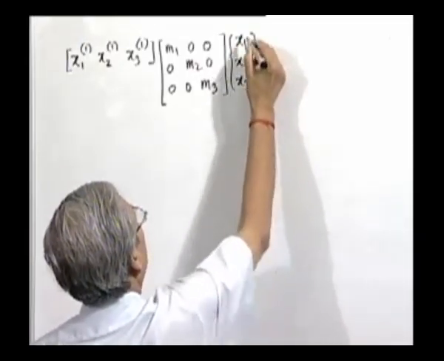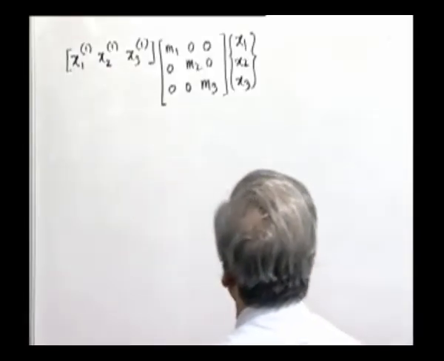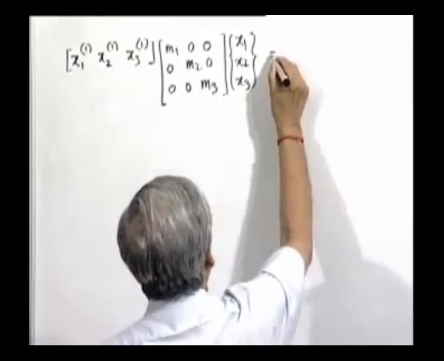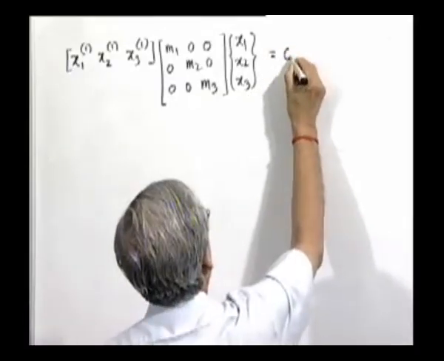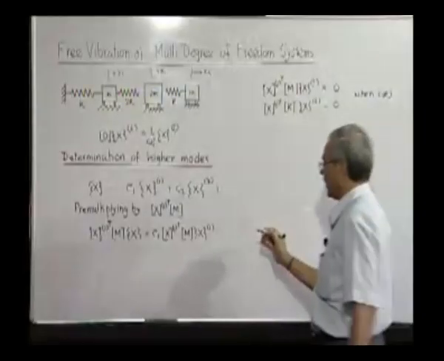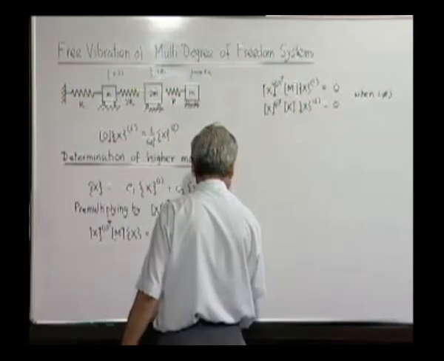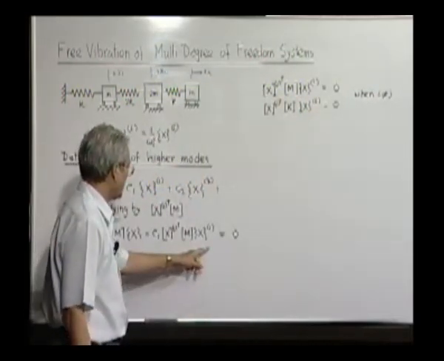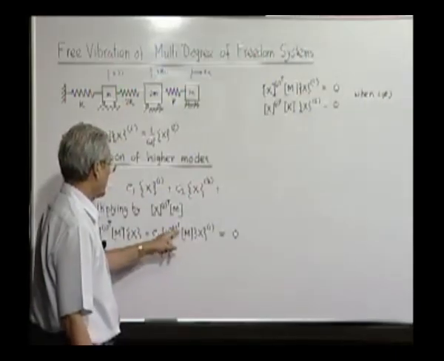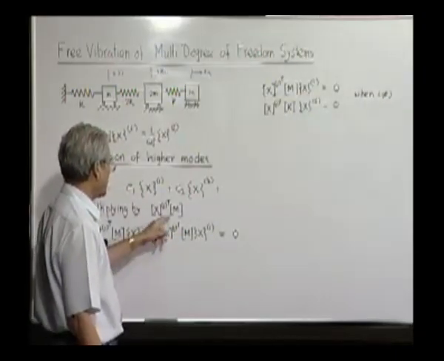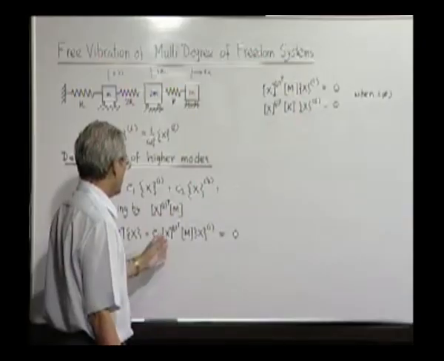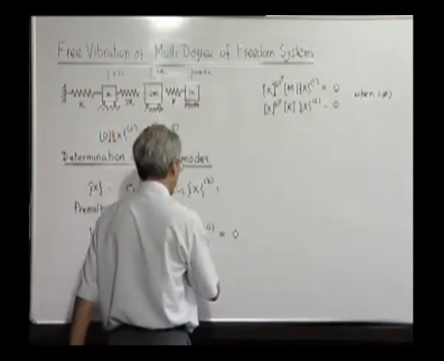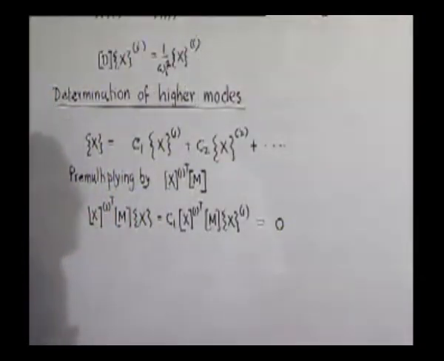When I am not putting any superscript, it means it is not actually a mode; whenever it is a mode, the superscript is there. So this is equal to 0. That is what I am saying: if I make this equal to 0, since this is not 0, because when both are there this is nothing but the generalized mass, which is not 0, it can be 0 only if C1 is 0. So putting this equal to 0 means C1 is becoming 0.